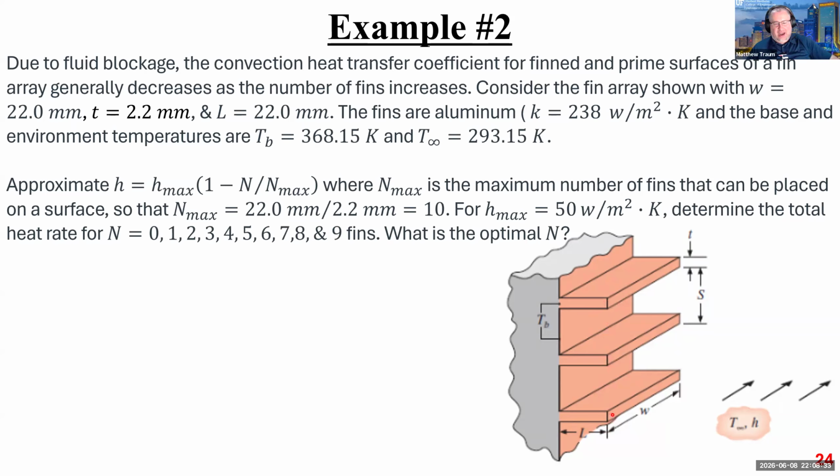And so there actually is an optimal number of fins, which is not nine, and it's also not one. So there are these competing effects of adding more cross-sectional area, or more surface area to allow for heat transfer, but we're also reducing the H value because the fins are getting closer and closer to each other and starting to feel each other's wakes and boundary layers.